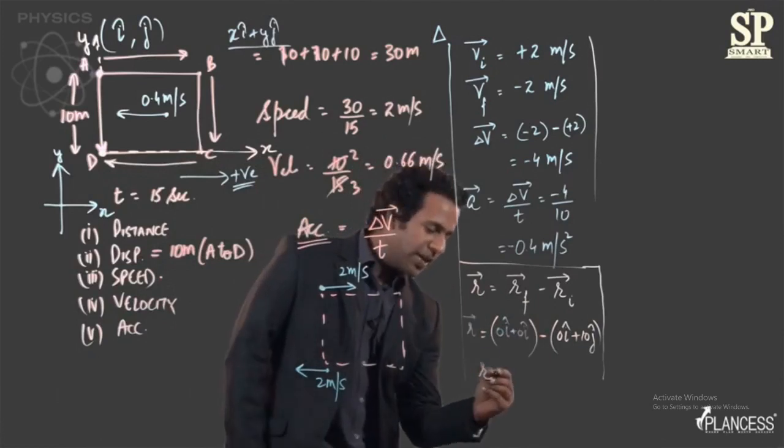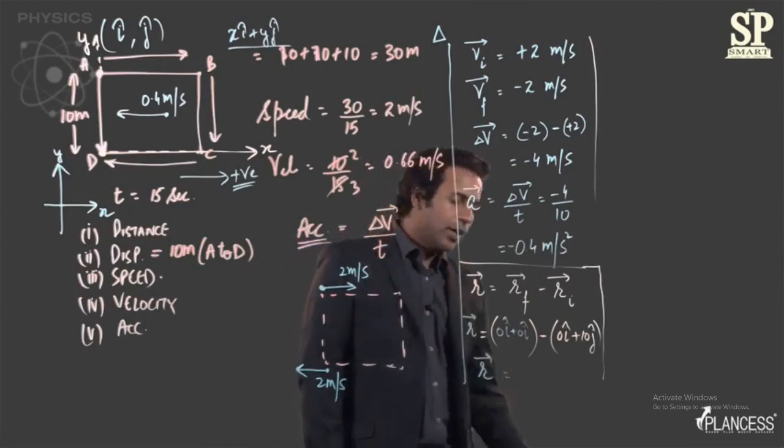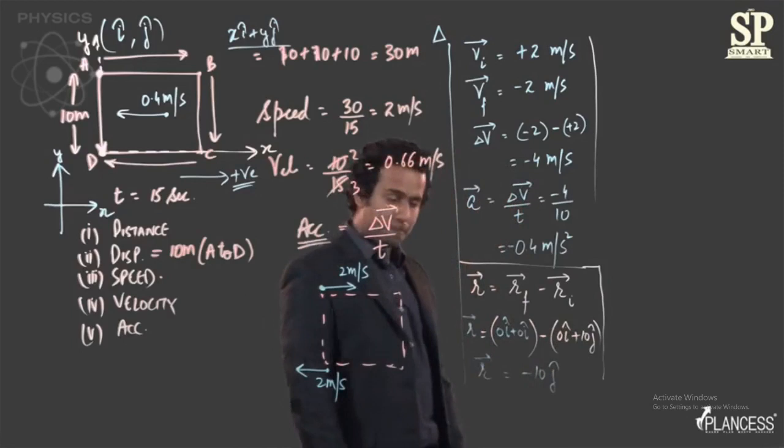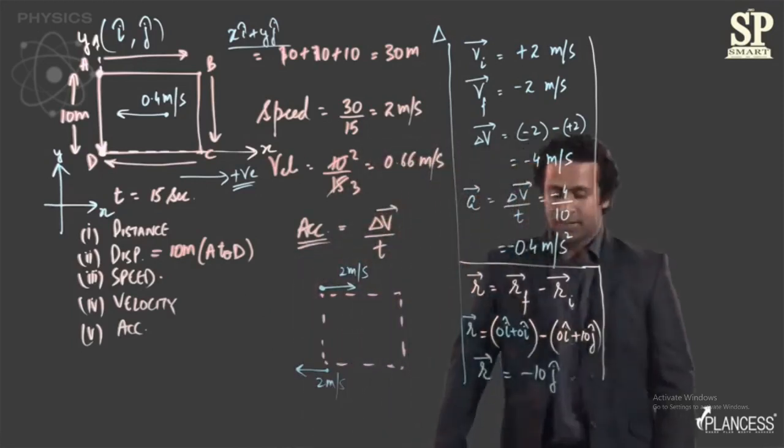So the displacement vector turns out to be minus 10j cap. Right?